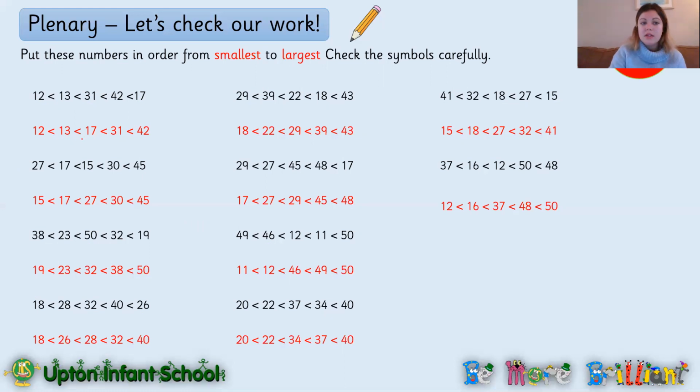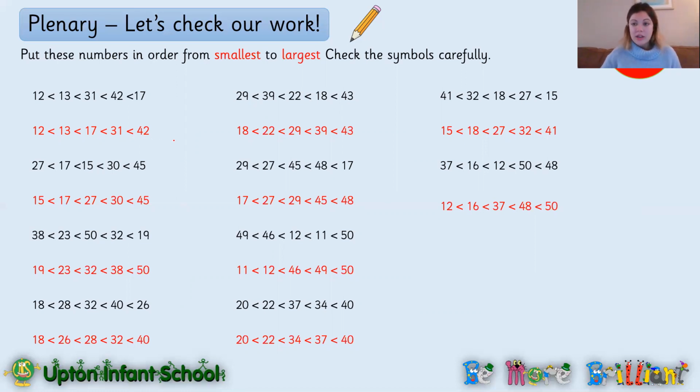So this was the order, okay? 12, 13, 17, 31, 42, because 12 is less than 13, 13 is less than 17, 17 is less than 31, and 31 is less than 42.